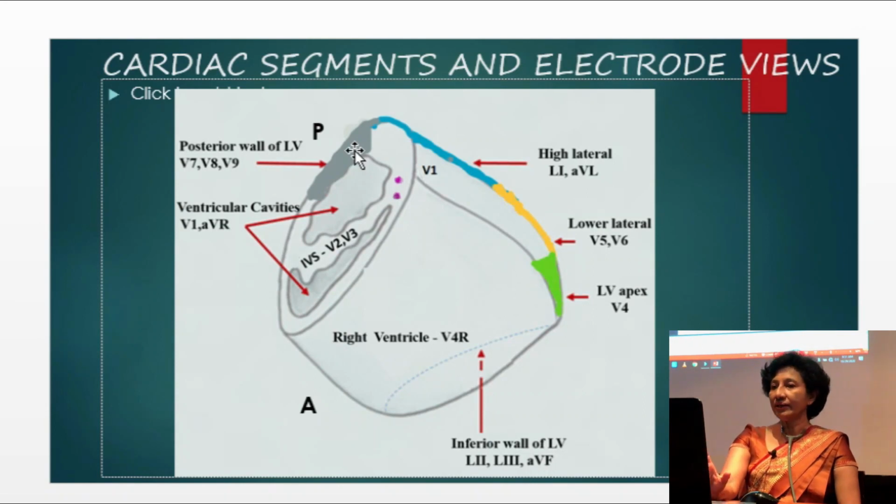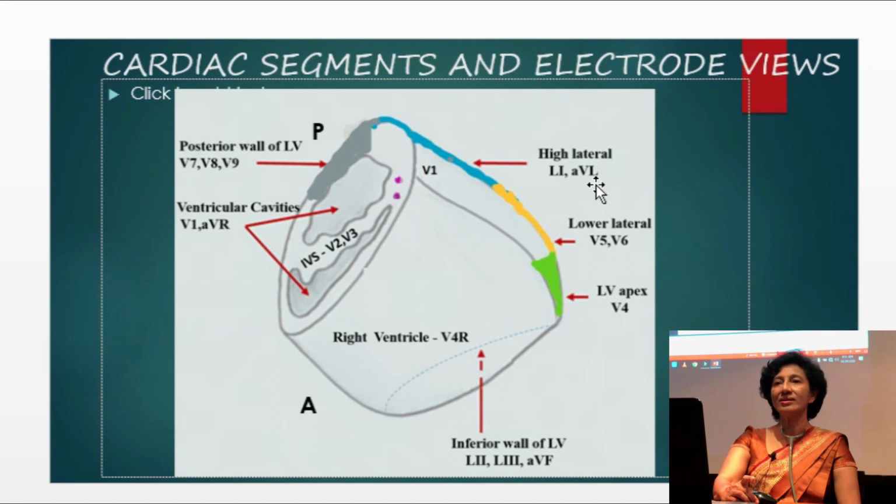Electrical activity of a given segment is recorded by a given group of leads. As an example, the electrical activity of the high lateral wall of the left ventricle is recorded by lead 1 and AVL.